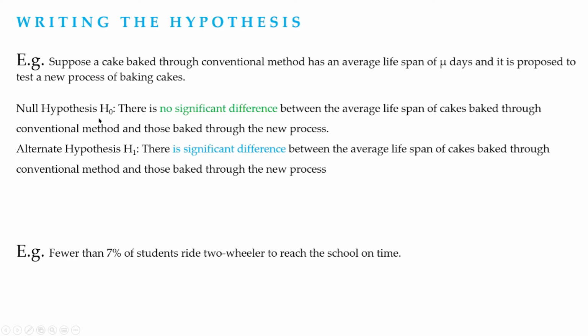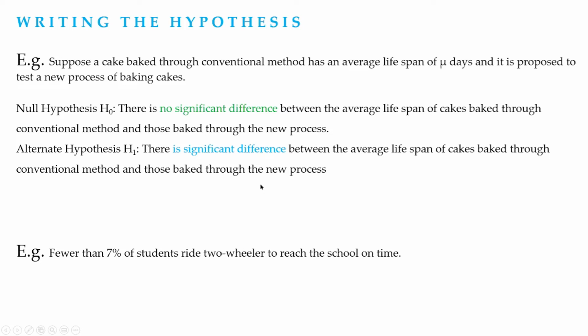Null hypothesis H0 states there is no significant difference between the average lifespan of cakes baked through the conventional method and those baked through the new process. And the alternative hypothesis H1 will be there is a significant difference between the average lifespan of cakes baked through the conventional method and those baked through the new process.